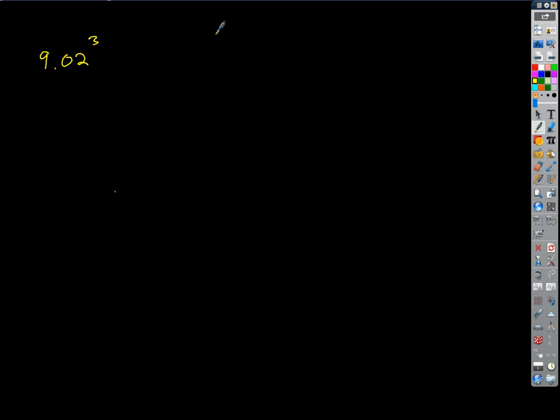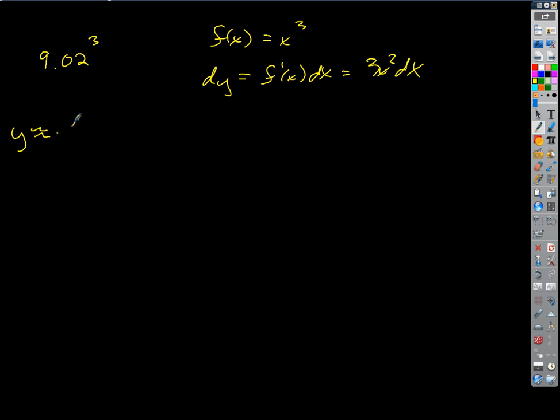So what's our function? What's our differential? 3x squared. Okay, good, so 3x squared dx, right? Same every time. We know that y is approximately equal to f of x plus f prime of x dx. In this case, we're just going to get x cubed plus 3x squared dx, plug in the numbers, no big deal.